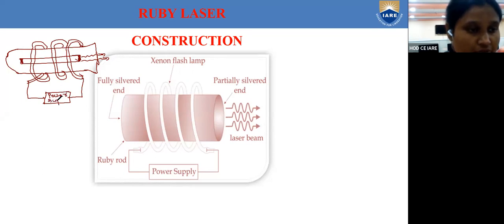Students, to make it easy to copy, I'm drawing this figure again. I'm not comfortable with this digital slate, but somehow I'm trying to manage it. So I have drawn this figure.